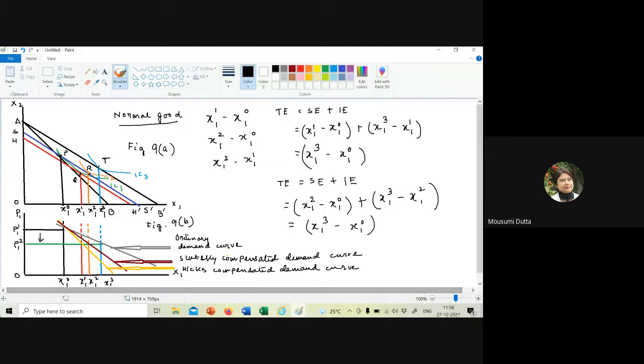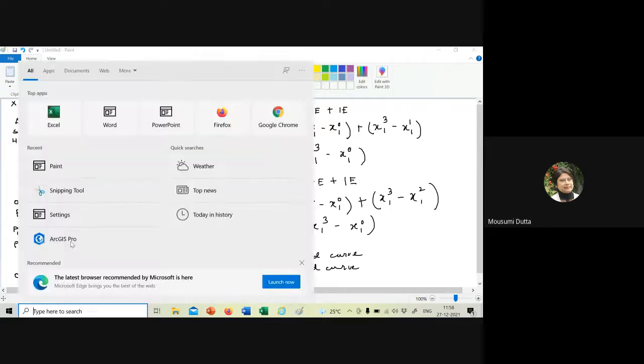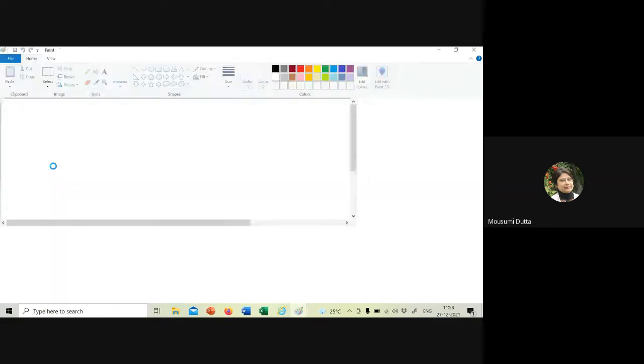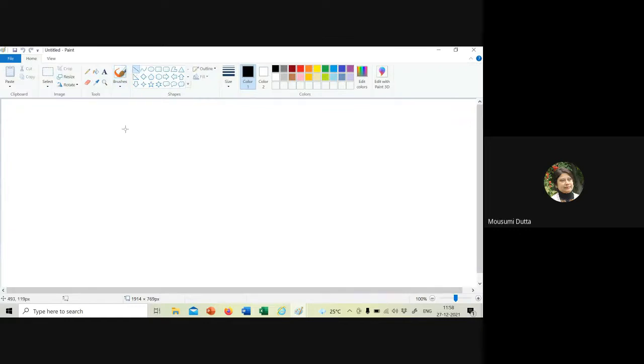So forget about substitution effect and income effect. Let me consider another diagram. So nothing related to substitution effect, income effect.